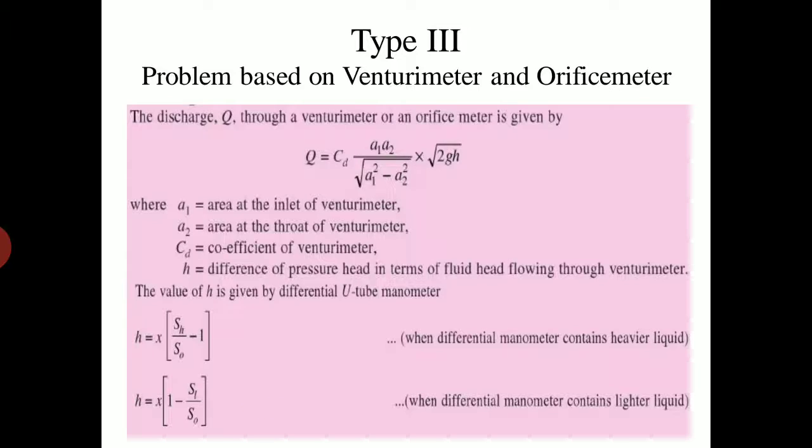Whenever the liquid which is flowing through the pipe is lighter compared to the manometric liquid, or in other words, whenever the manometric liquid such as mercury etc. is heavier compared to the liquid flowing through the pipe, then we are using the first formula. And whenever the manometric liquid is lighter compared to the liquid which is flowing through the pipe, then we are using the second formula.